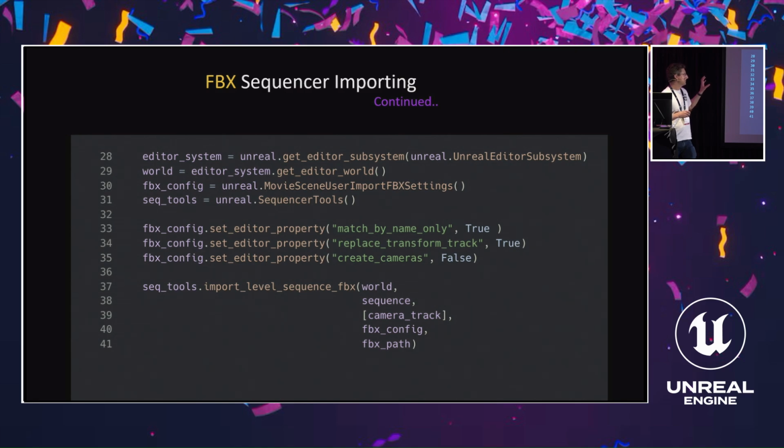So basically you tell the sequence tool to import your level sequence FBX, and you get to configure how that data is imported using set_editor_properties. And set_editor_properties also makes it nice and easy to interact with attributes and properties that you'll find keyable along your timeline in Sequencer. You can basically just query a frame range at a time and use the set or get editor property, and that'll add the FBX data into it.